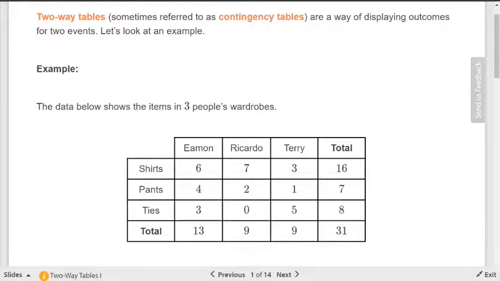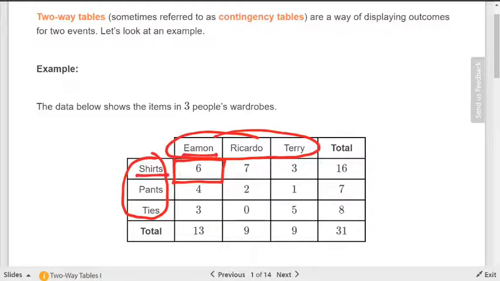So for example, in this one, this two-way table has every part of it. You see that there are items along the top, items up and down, right? And the intersection of those items is two distinct categories, right? And that's where you get two-way table.